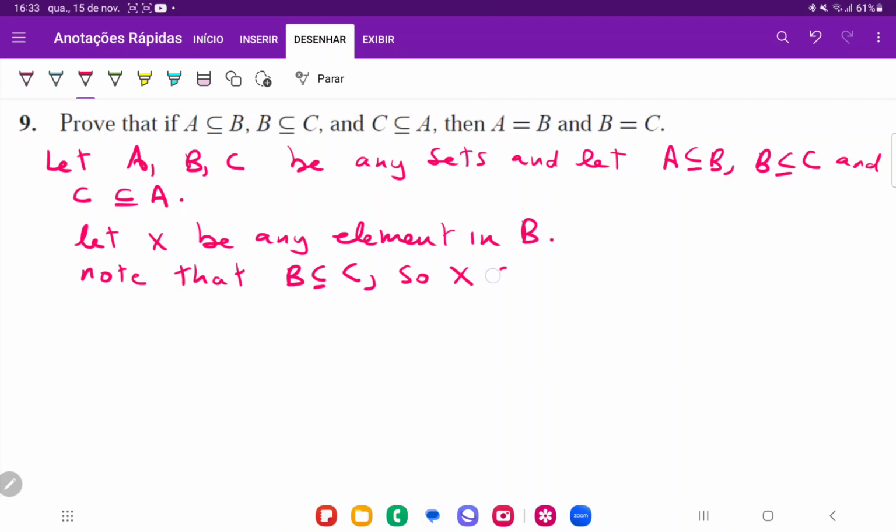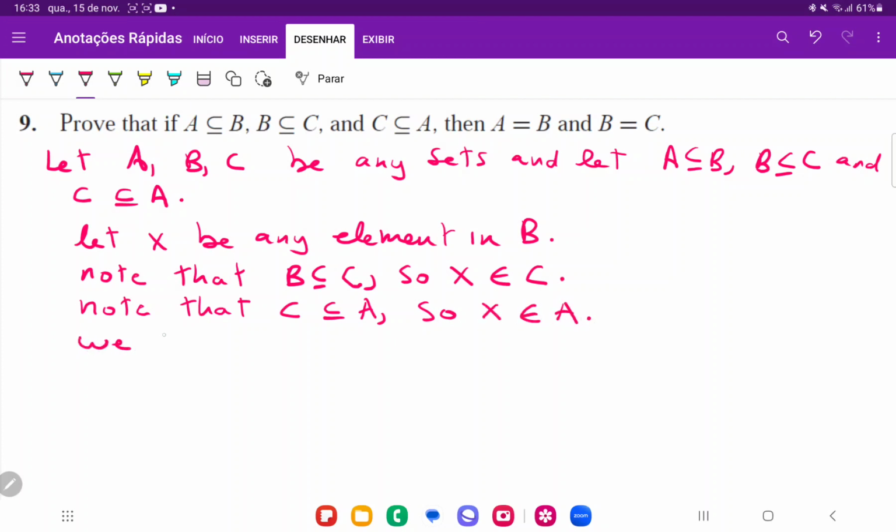So X belongs to C, because that's what it means for B to be a subset of C. And now we want to show that that element in B is also in A. So note that C is a subset of A. So X belongs to A, right?